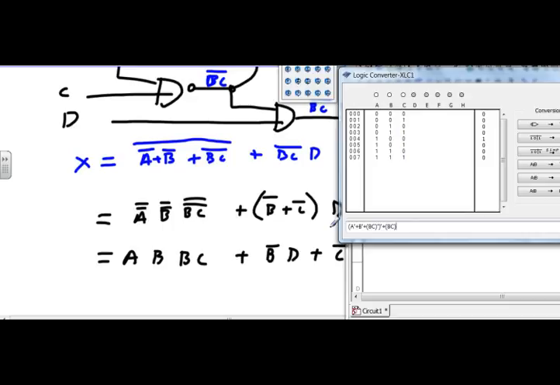Not, parentheses not, D. Do I have that right?